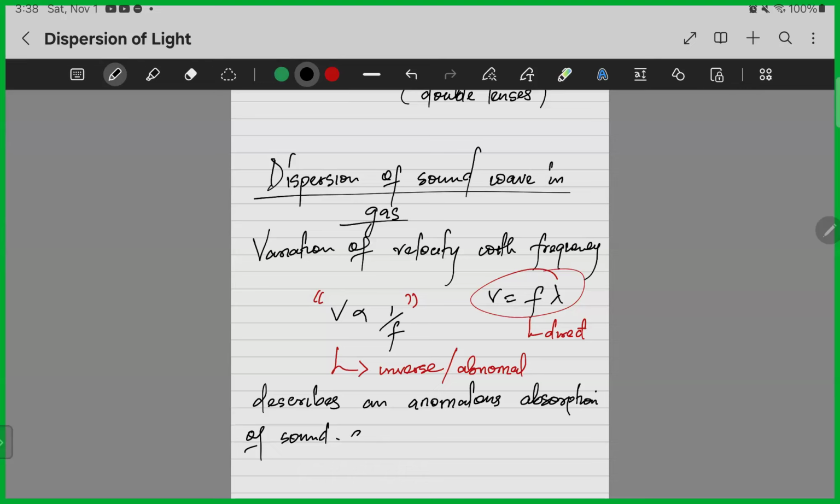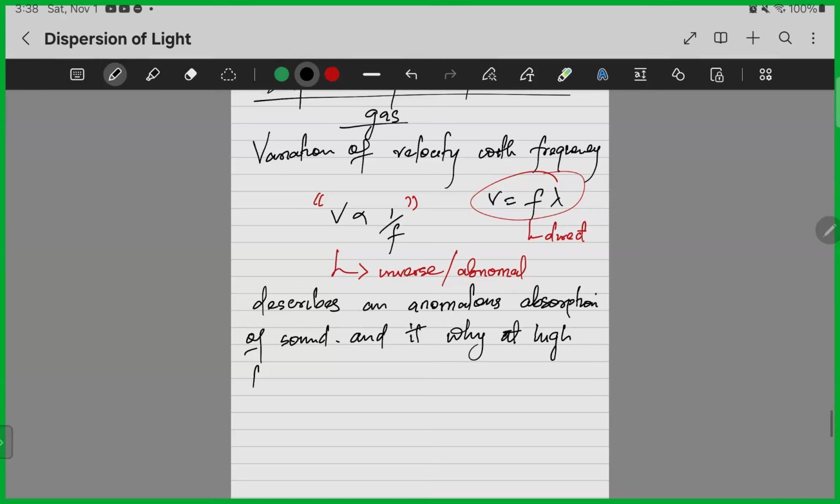And it is why at high frequency gases are completely opaque to sound waves.